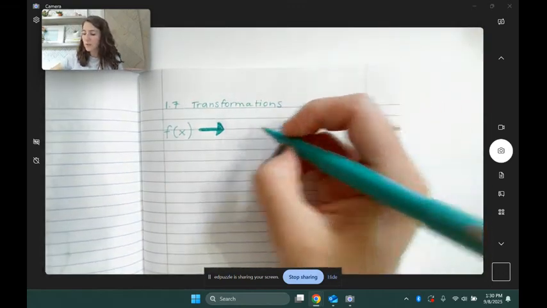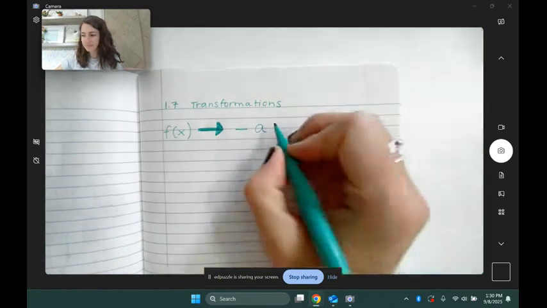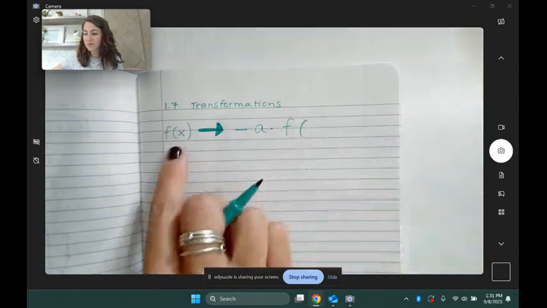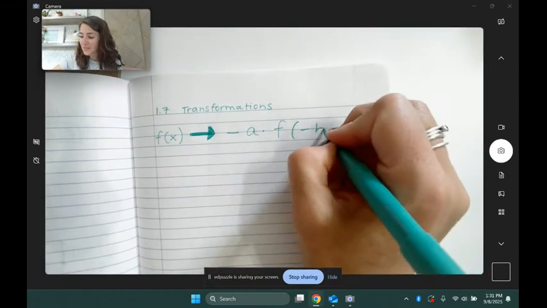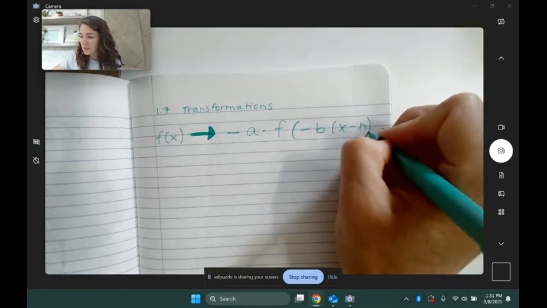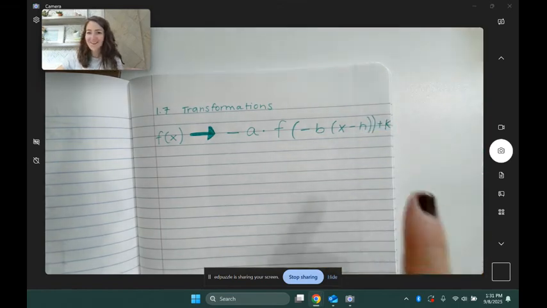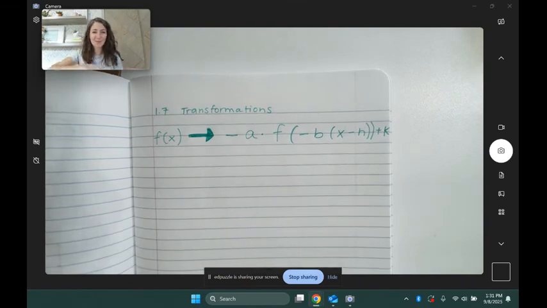Okay, so I'm going to have negative a times f of, instead of just f of x, I'm going to put in here a negative b times x minus h, plus k. K is a little squished in there, but I think it's one of the easiest to spot.